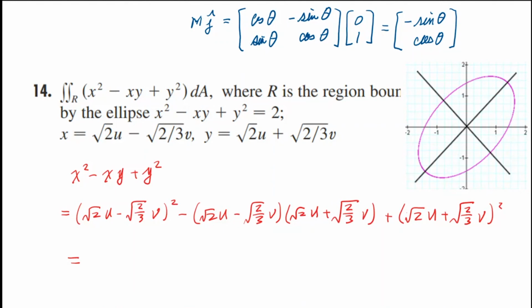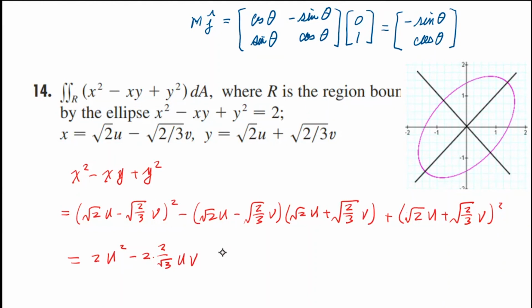Yes, it is. Okay. So this thing squared, 2u squared, good, plus 2 times this times this. What do we get? 2 times 2 over root 3 uv? You with me?